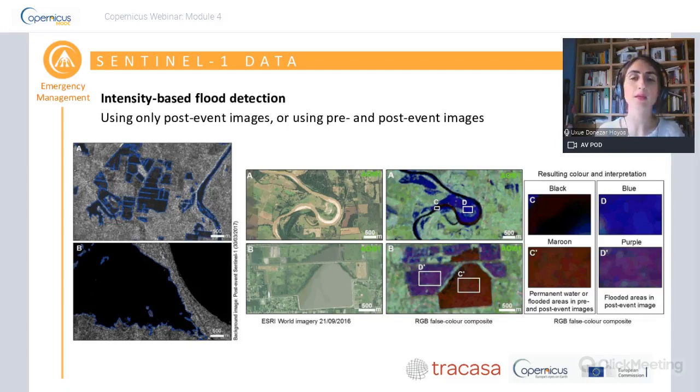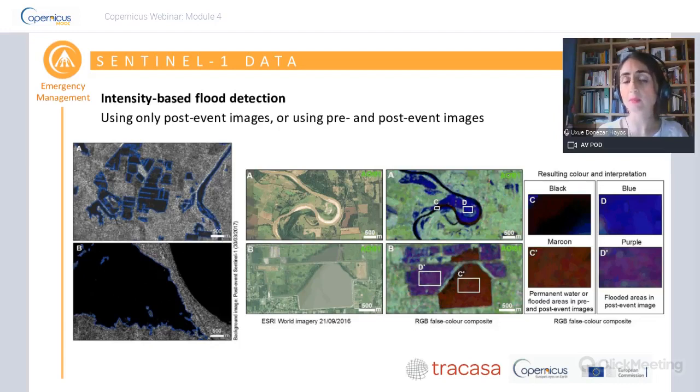We have created crisis information related to floods using only post-event images based on the intensity. As you see here on the left, those black areas are water. Or we have taken advantage of the high temporal resolution of the Sentinel-1 data to create flood information based on pre- and post-event images.